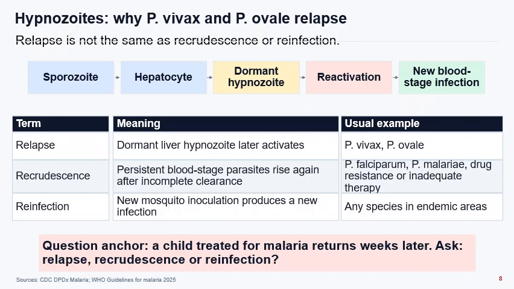Recrudescence occurs when blood stage parasites were not completely cleared during treatment and later rise again. Think inadequate treatment in this case. Also think about resistance, and think poor adherence to medication or persistent infection. A reinfection is a completely new incubation from another infected mosquito in an endemic area.